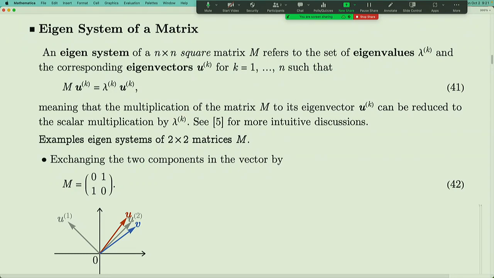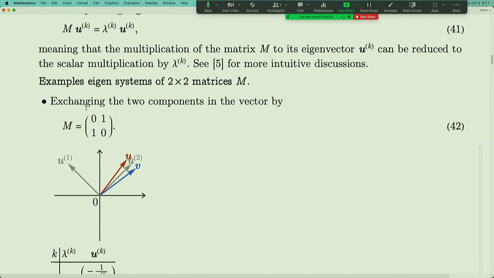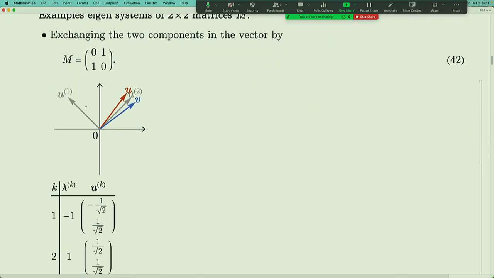For example, this is the matrix that we just talked about, which basically exchanges the x and y components. If you start from a u vector and get a new v vector, they are not in the same direction, right? So this arbitrary u vector is not an eigenvector. But there are very special vectors, represented in gray color here.